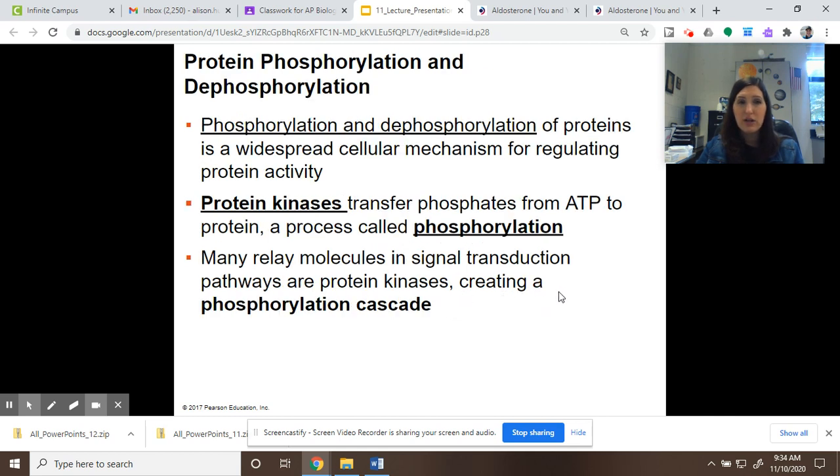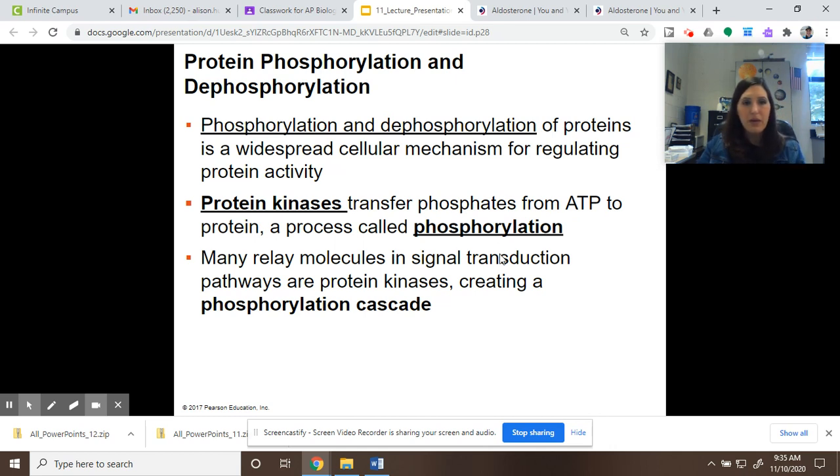Protein phosphorylation and dephosphorylation, remember that's the phosphate popping on and off of proteins, is a widely used cellular mechanism for regulating protein activity. Protein kinase transfers phosphates from ATP to protein in a process called phosphorylation. We've heard this word many times already.